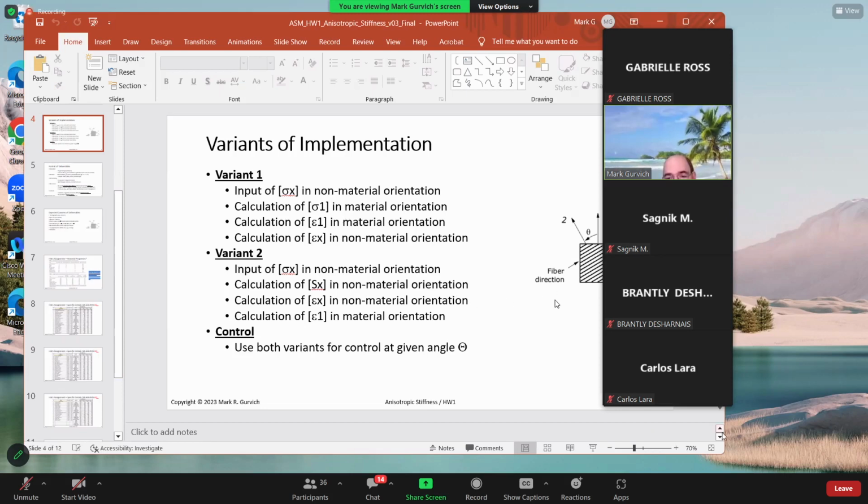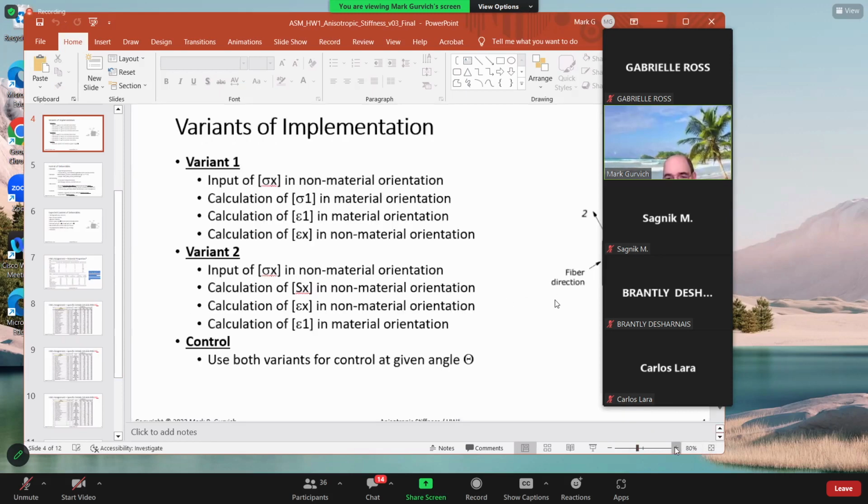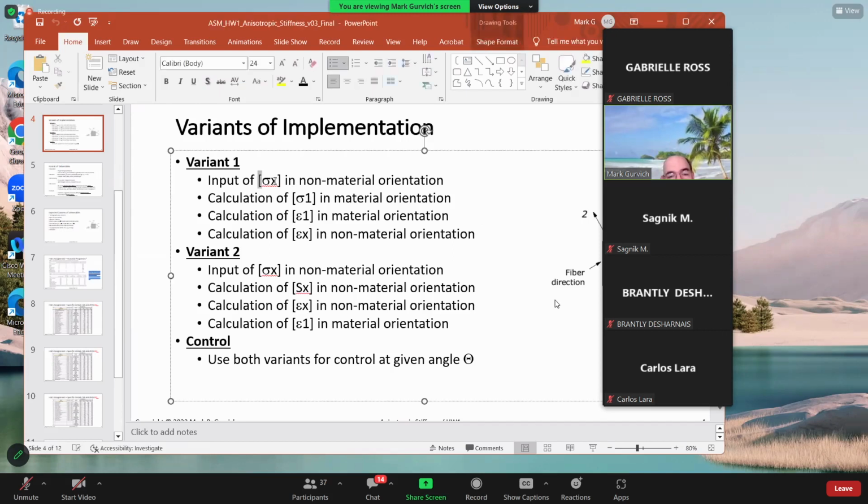You have a piece of material defined in coordinate system X and Y, with load conditions in X and Y. This matrix is given, it's part of the input. Your problem is to calculate epsilon sub X, the deformation of this piece of material in coordinates X and Y, but also, as a byproduct, the stresses and strains in the material coordinate system.